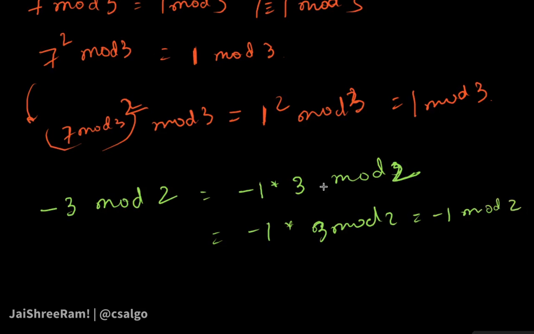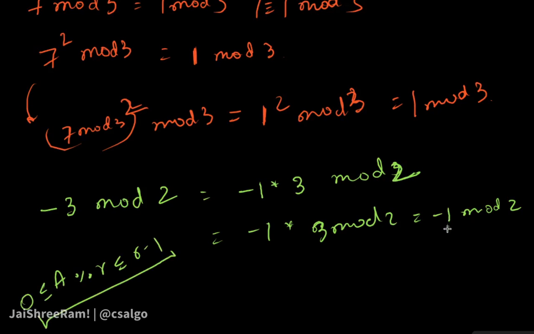Since we are doing everything modulo 2, this modulo 2 works everywhere, right? Now this is a negative number, but we generally try to keep things positive. The remainder of any number modulo r is always from 0 to r minus 1. We try to keep numbers in this range, and minus 1 is not.